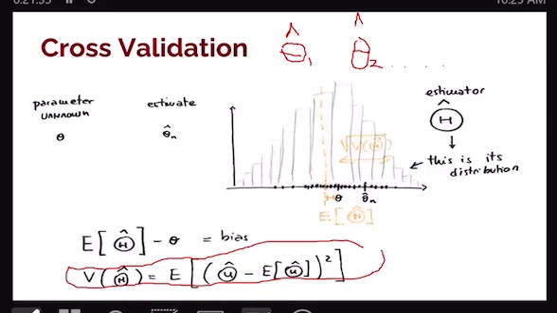If the degree of fluctuation is so high, that is called high variance. Do you know why we normally run into high variance? We run into high variance maybe because we want to reduce bias.